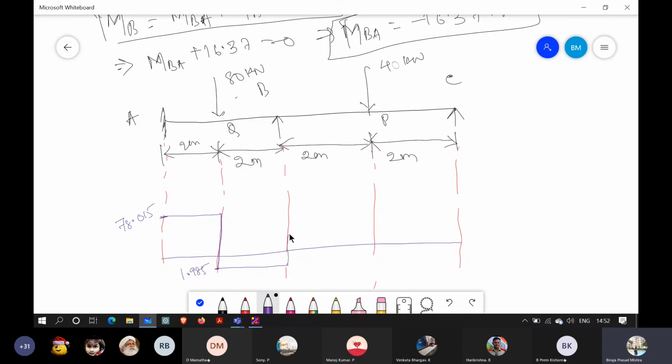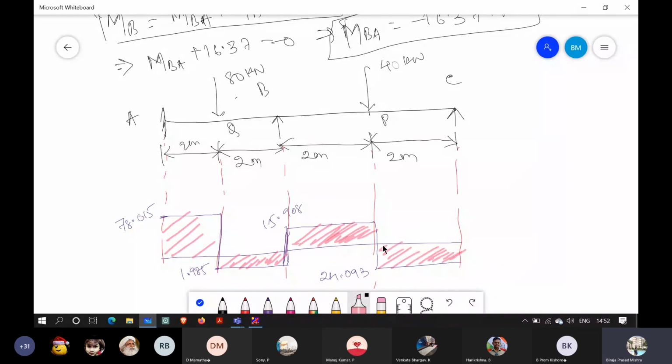Again it will go up to 15.908, and then it will come down and remain constant at 24.093. This is your shear force diagram.